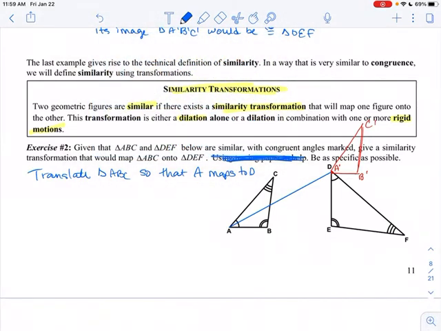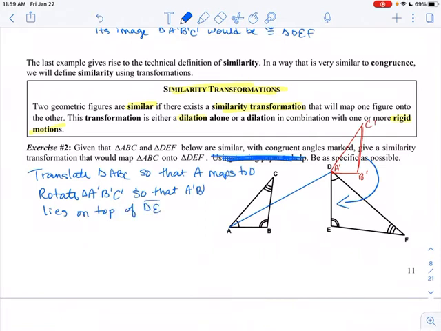Now, I'm trying to map this onto the other. After I translate it, I'm going to have to rotate it. So I want to rotate it. I'm going to rotate triangle A prime, B prime, C prime so that A prime, B prime lies on top of DE.